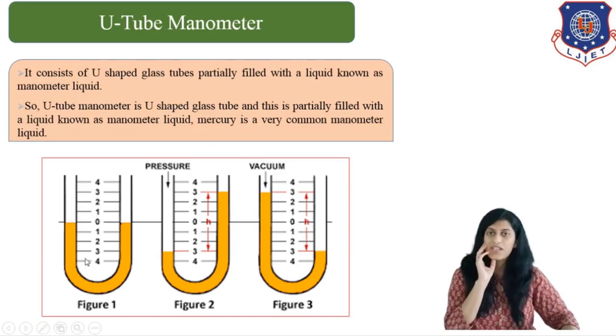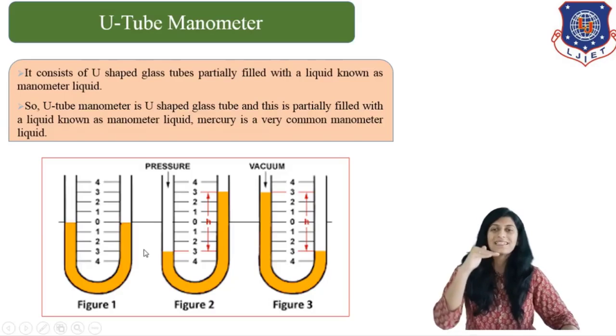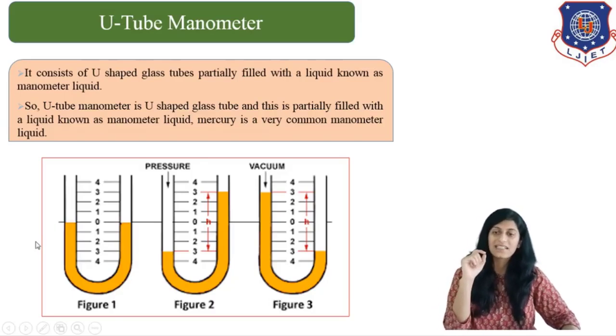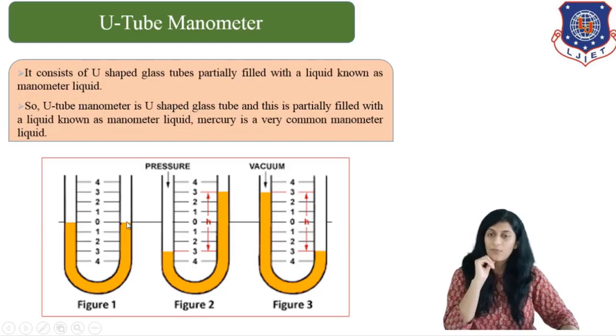Under that condition, the manometric fluid, which is yellow colored in the picture, is in equilibrium, that is, at both limbs the level or height of the manometric fluid is the same.